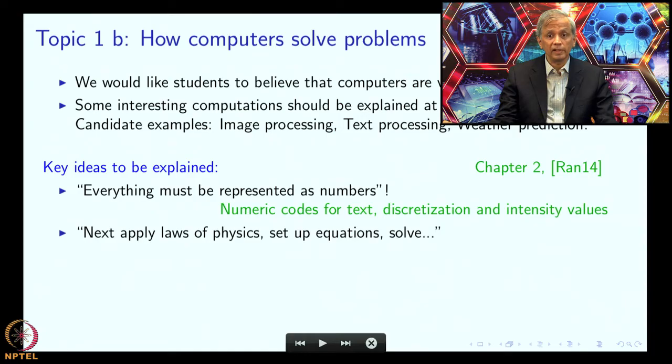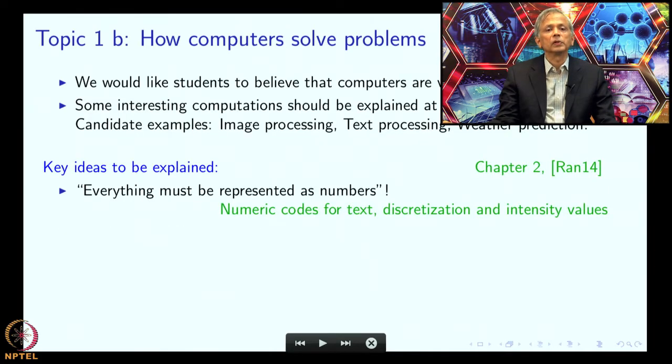Now about weather prediction, we can say something like the following: again here we are going to discretize. We are going to take the map of the world and put points on it, and we are going to put variables for different points.